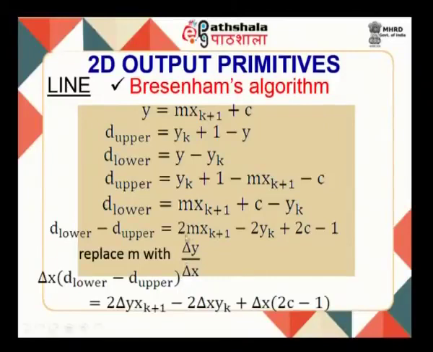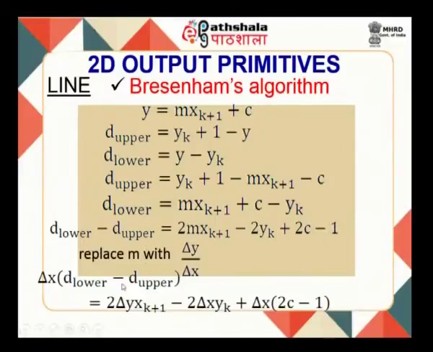So, Bresenham was clever enough in avoiding this division by substituting for m delta y by delta x and cross multiplying delta x on either side, so that the division is altogether avoided.